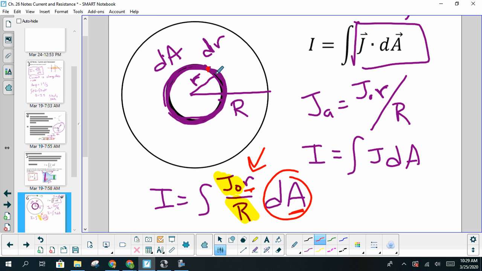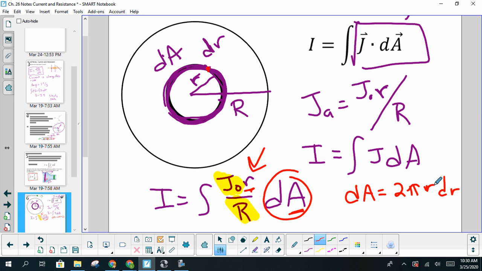So does it make sense that I could rewrite my differential dA as being 2 pi r dr? Meaning that purple circumference there, which is the 2 pi r, if I integrate that over that dr there, I'm going to get the area of the purple. Does that make some sense?